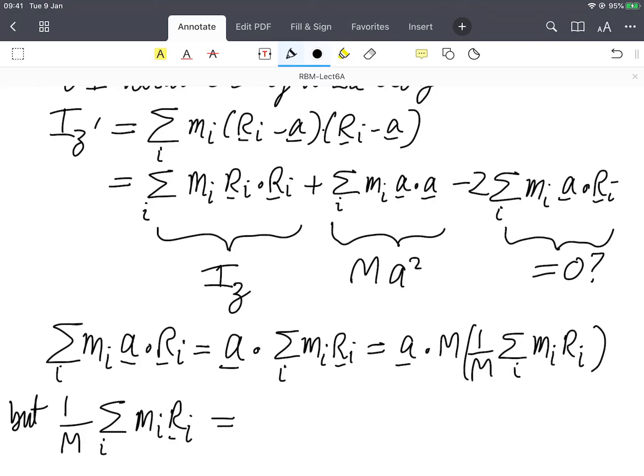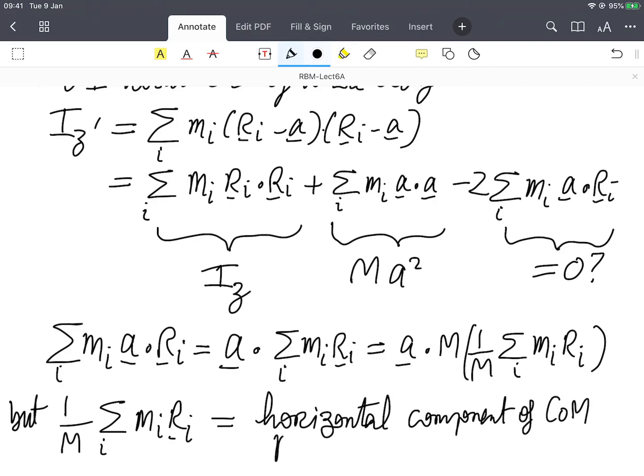Capital R's are only in the horizontal plane, so that's the horizontal component of the center of mass position vector.